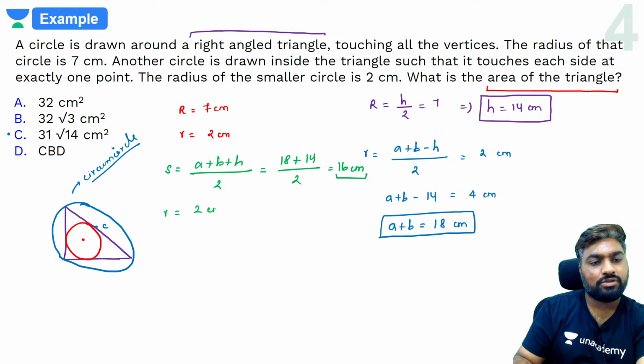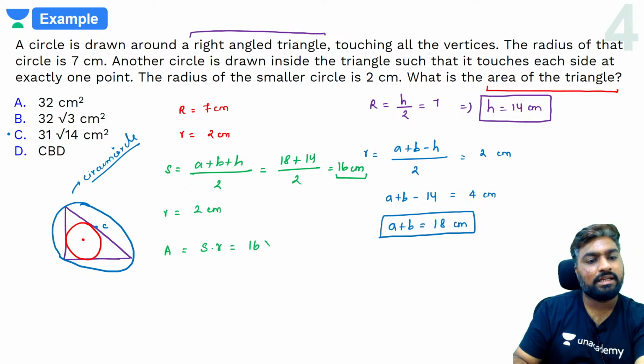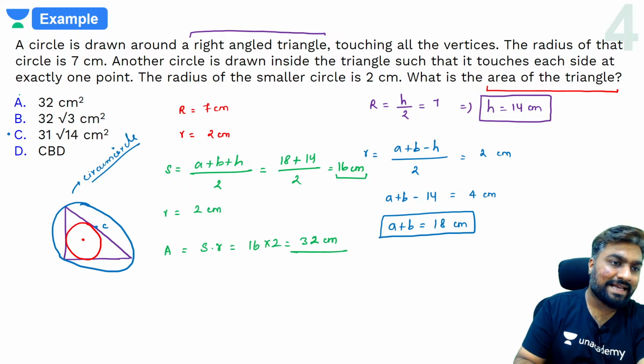In radius is 2 centimeters. So what is area of given right triangle is nothing but semi perimeter into in radius, that is 16 into 2, 32 centimeters. So it's precisely 32 centimeters, not 31 root 14.